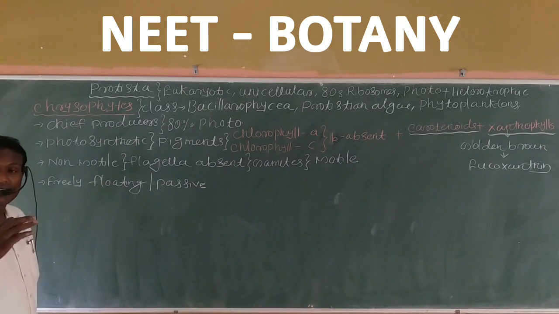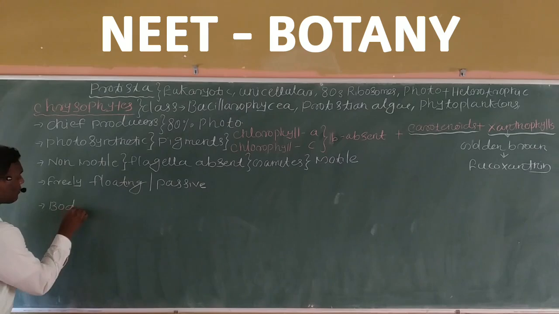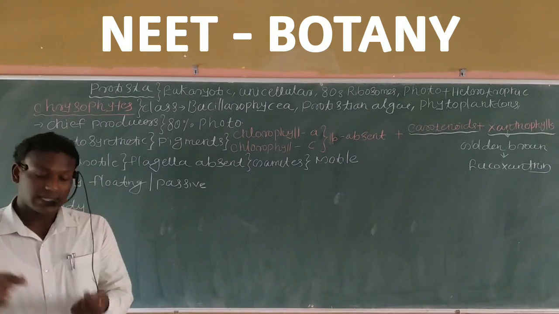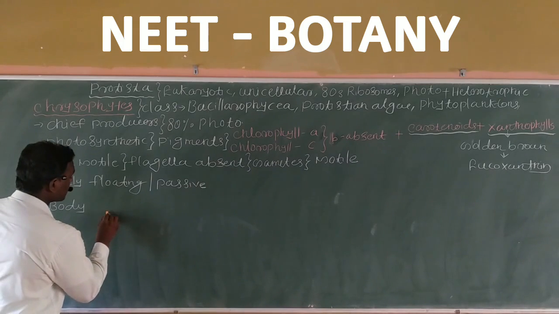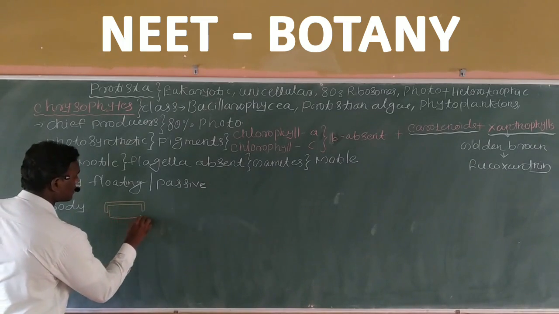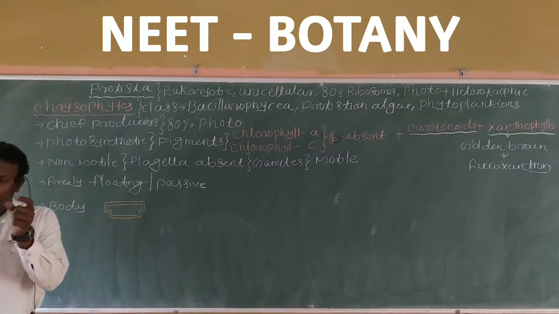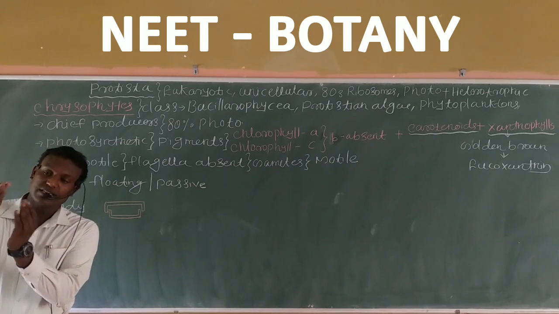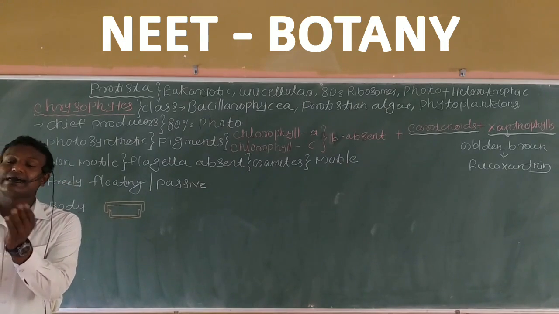In the case of chrysophytes, as we look at the cell structure of chrysophytes, the cell is covered with two thin overlapping shells, like a soap box.